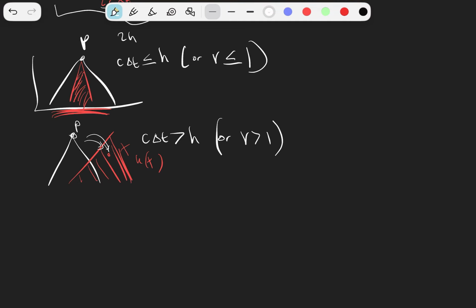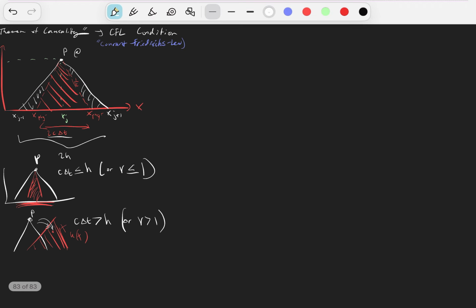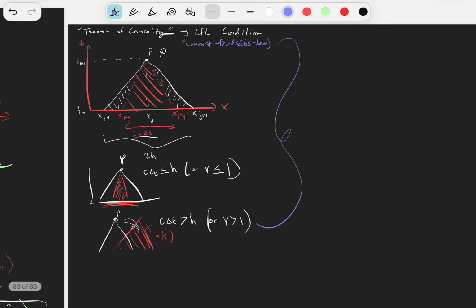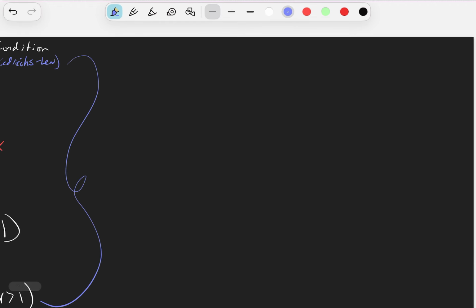Okay. And again, the last idea or the law that we can intuitively synthesize from this and a little bit over here is that this is precisely what we call the CFL condition.